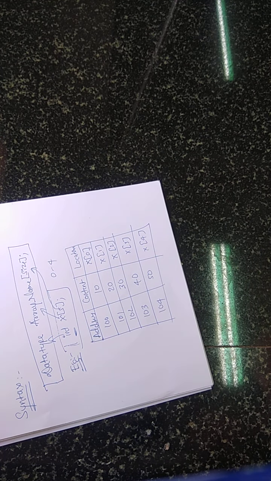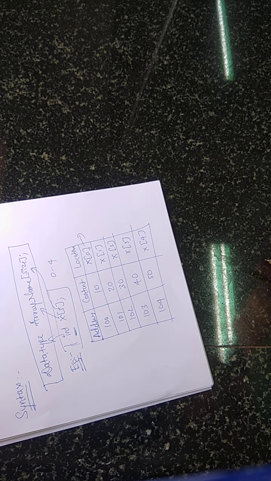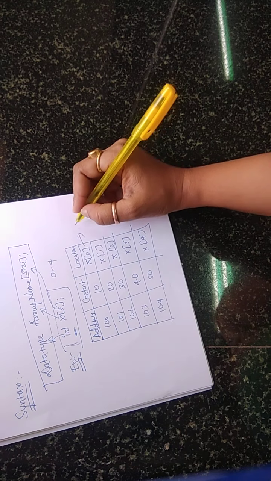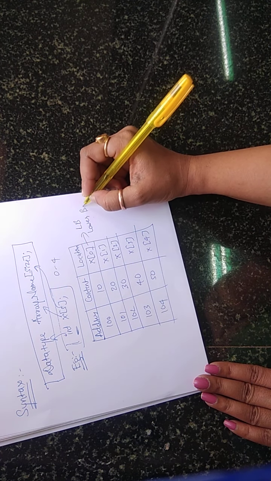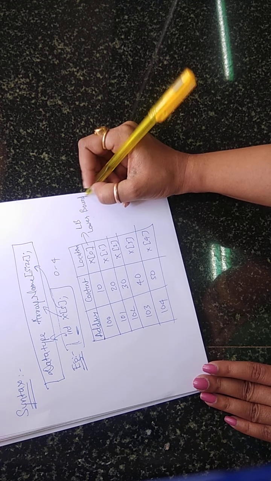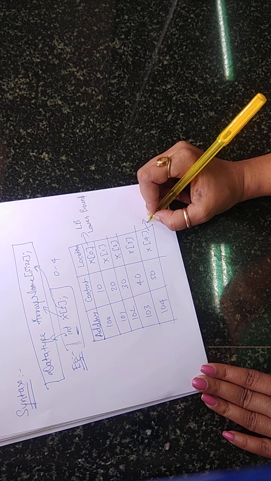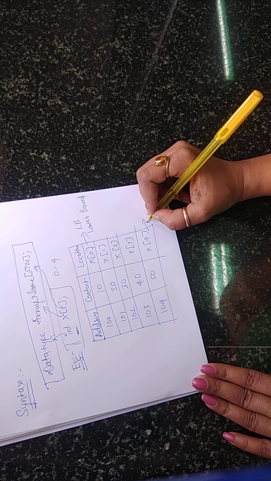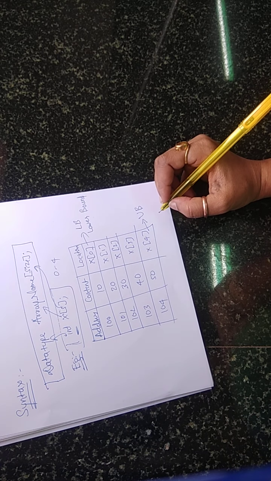Done? So here the first element or the first location of your array is called LB. Here LB stands for lower bound. And the last element or the last location of your array is called UB.